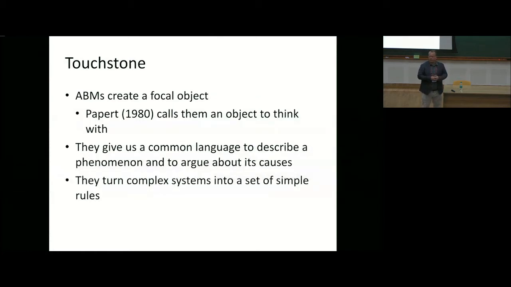They actually talk about the way that system works, right? Seymour Papert called them objects to think with, right? They're physical objects that allow you to still express your thoughts, right? They give us a complex common language to describe these phenomena, and they allow us to change a complex system into a specific set of rules.